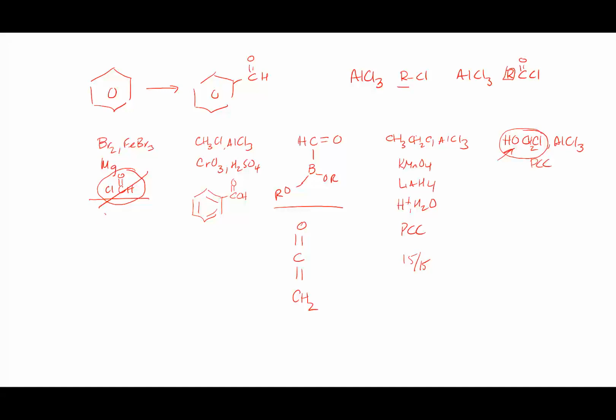Then what you would do is CO2 and H+, H2O to put the carboxylic acid on the ring, and then you would be basically like here on this synthesis. And then you could do the lithium aluminum hydride.